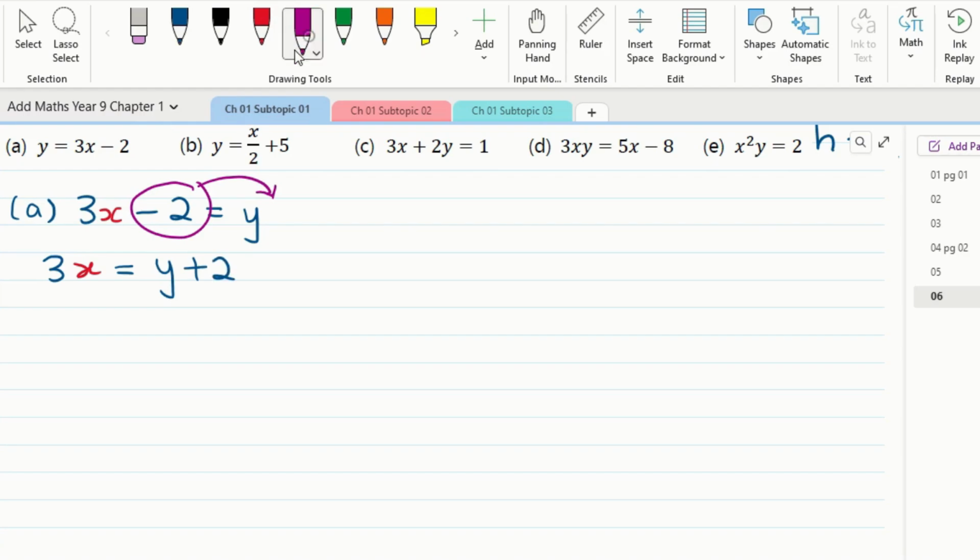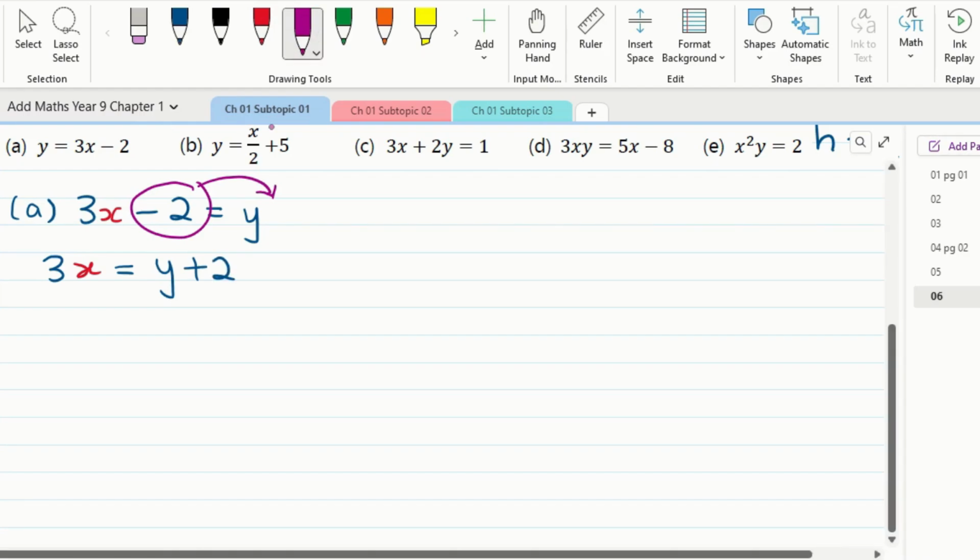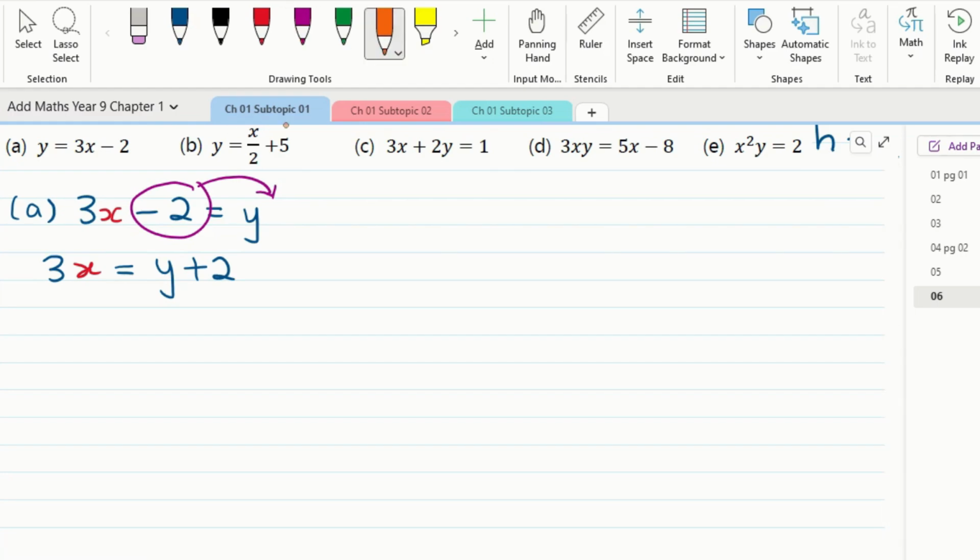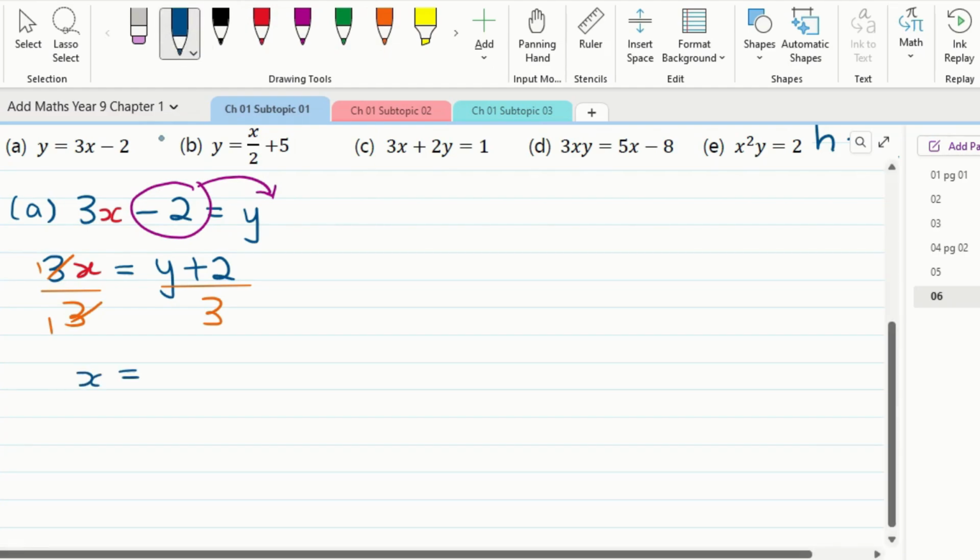And then 3 is multiplied with x, so in order to move it, you have to divide both sides by 3. So here you will have x equals y plus 2 over 3. So this is correct, right?